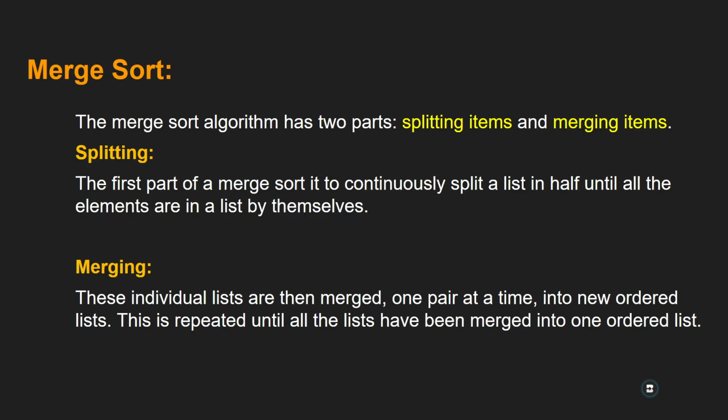Then, after splitting them individually, we merge them together. How do we merge them? We merge them one pair at a time into a new ordered list, and we repeat it until all the lists have been merged into one ordered list, right?